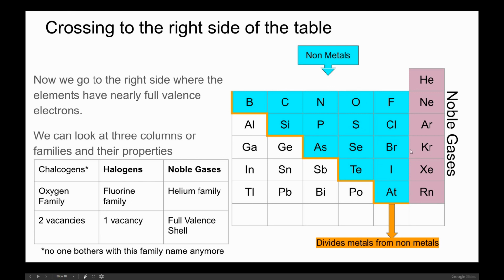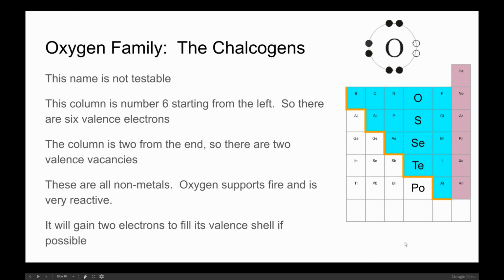Missing 2, missing 1, perfect. You need to know the names of these two columns and a rough description of their behavior. The oxygen family, the name chalcogens is not testable, are all characterized by a valence shell that's just missing 2. So they will pick up 2 to become complete.